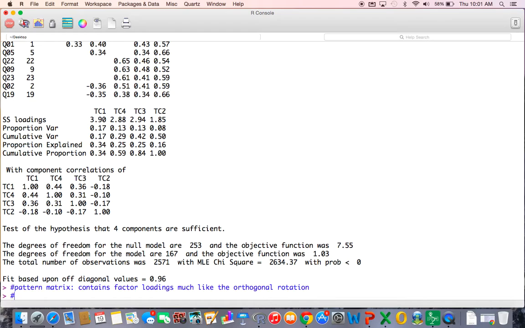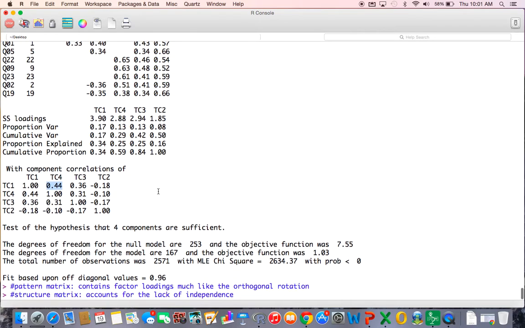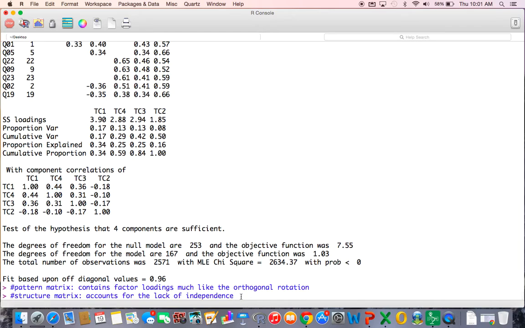Your structure matrix is different, and this accounts for the lack of independence. So it looks up here and it's like, wait a minute now. This component number 1 and component number 4 are moderately correlated. So let's control for that.